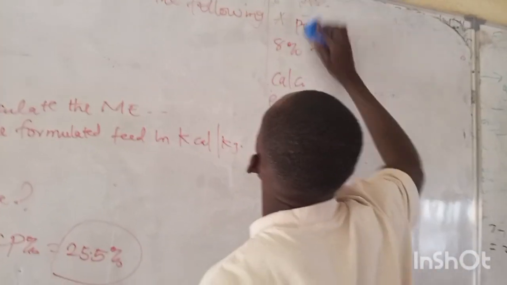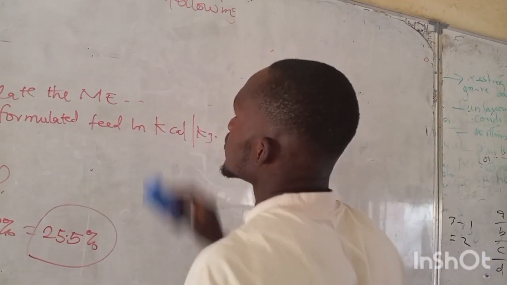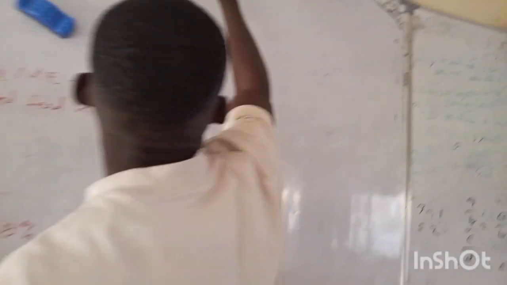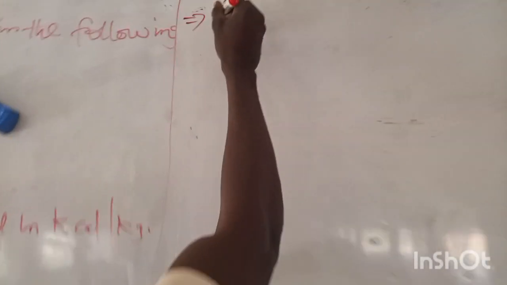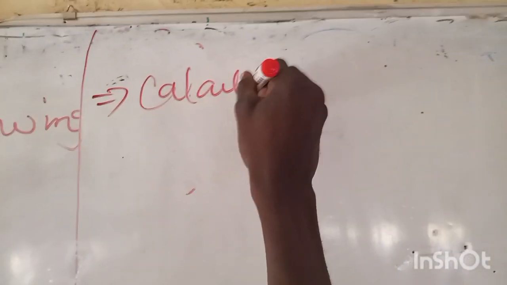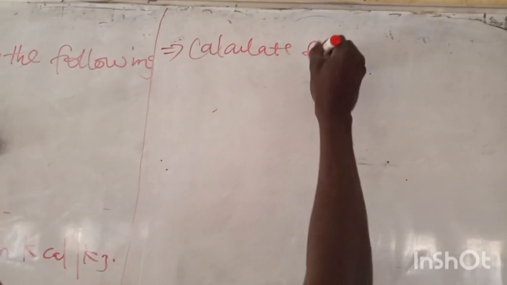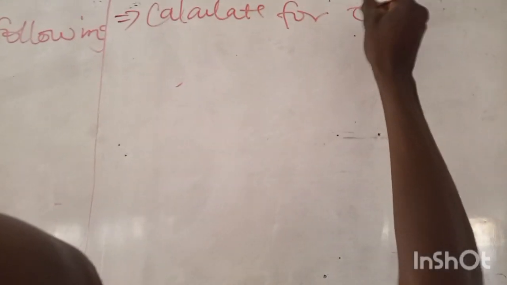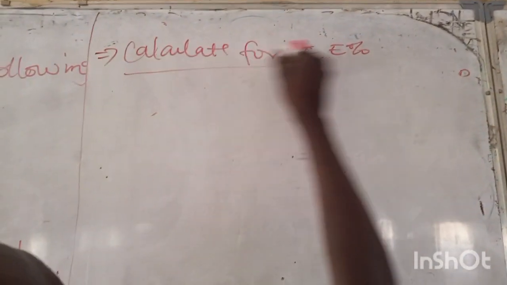So we are still going to generate the same thing as we did on the first one. So we say that the second approach is calculate for EE, that is the ether extract percent. This is the second approach.